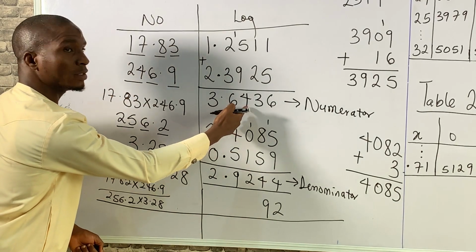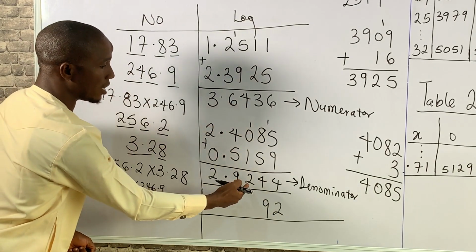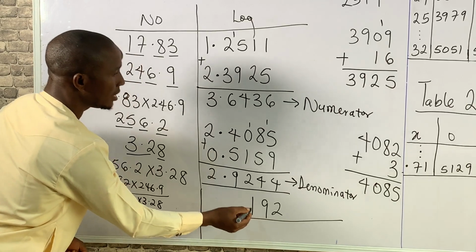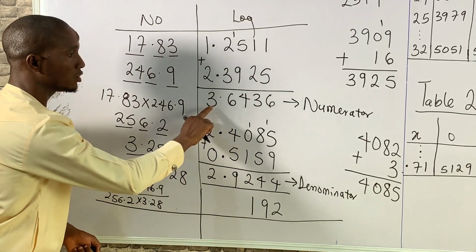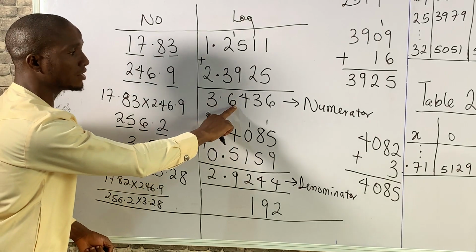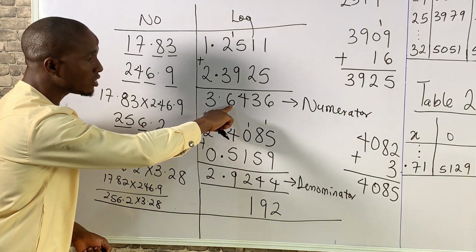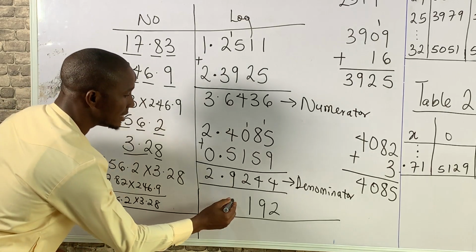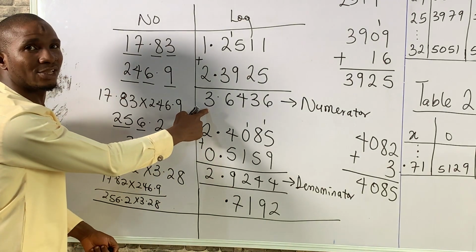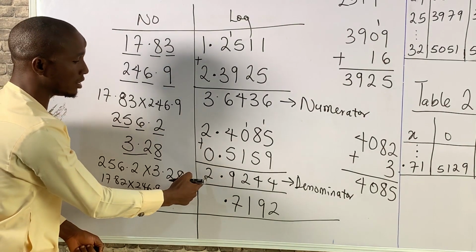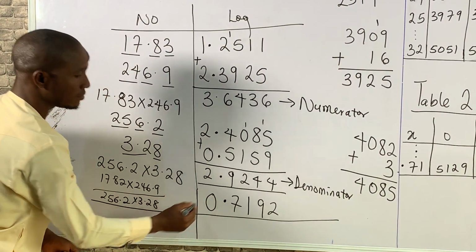Then 4 is now left with 3. 3 minus 2, you have 1. Then you have 6 minus 9 is not possible. So you borrow 1 from 3, you add it to 6 to make it 16. So 16 minus 9, that will be 7. You've already borrowed 1 from 3, you are left with 2. 2 minus 2, you have 0.